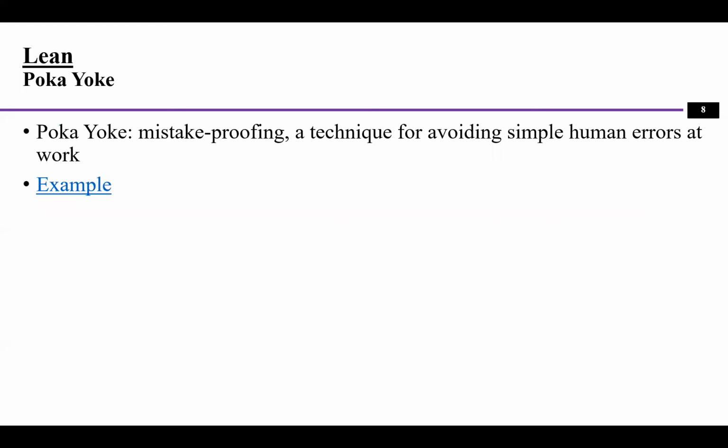And Poka-yoke means mistake proofing. It's a technique to avoid simple human errors at work. For example, you can design some fixtures to reduce the mistakes in positioning each part.